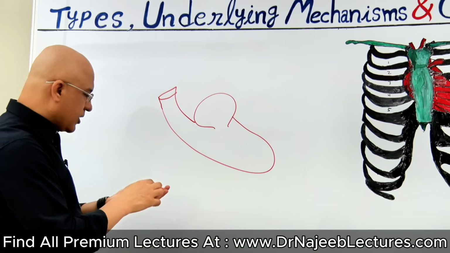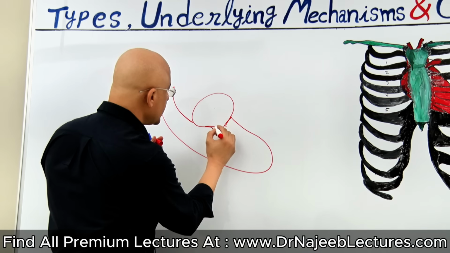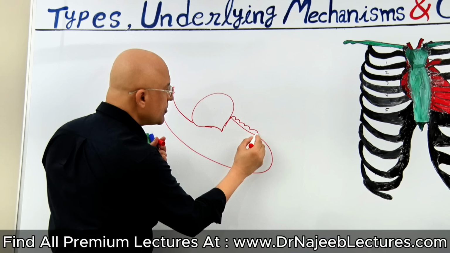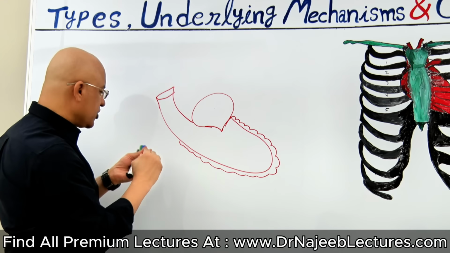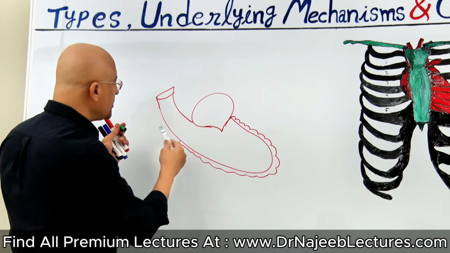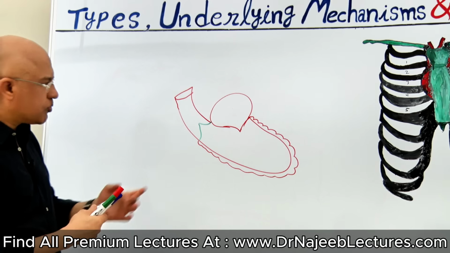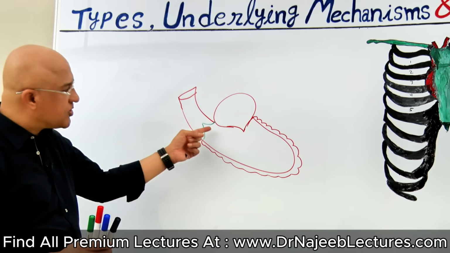For example, let's suppose the mitral valve is closed and there's onset of systole and the left ventricle starts contracting, right? And it is supposed to open which valve? Aortic valve. Now, let's suppose due to some reason there is some outflow obstruction.